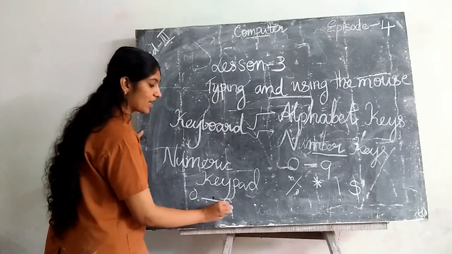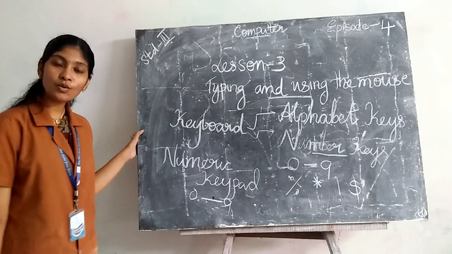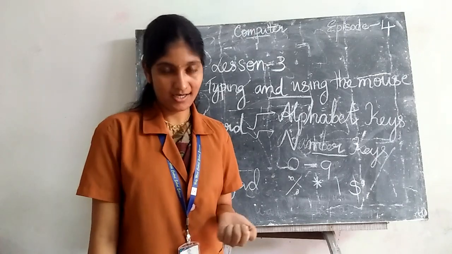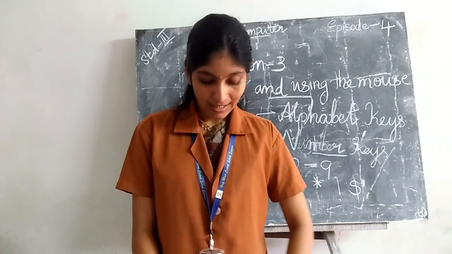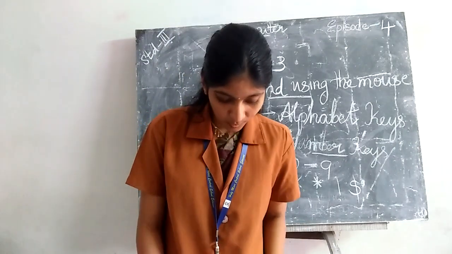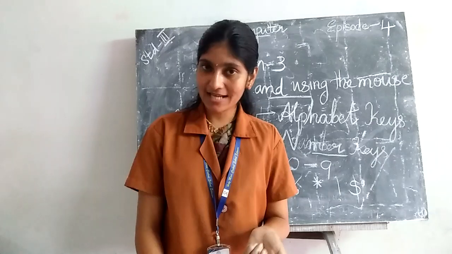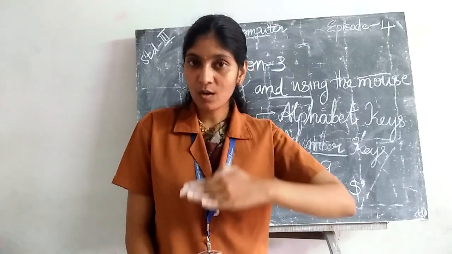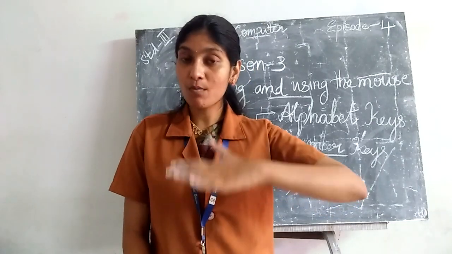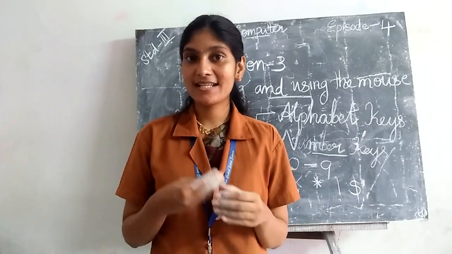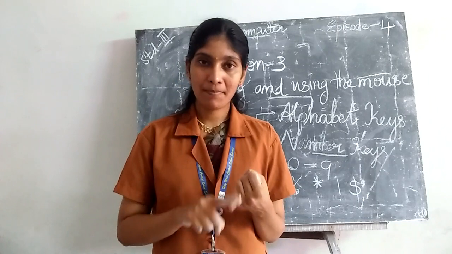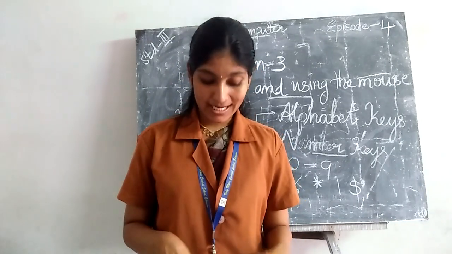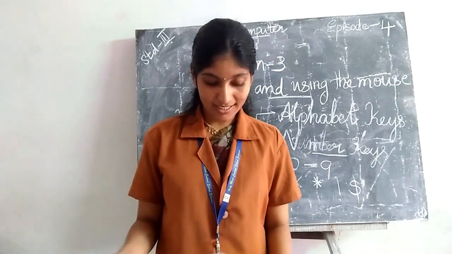It is very convenient to do calculation. What is its name? Numeric keypad. Also, in the lower half of those keys, at the bottom, there are some control buttons or control keys: page down, page up, left, right, etc.